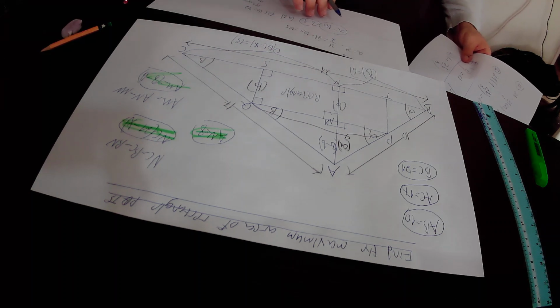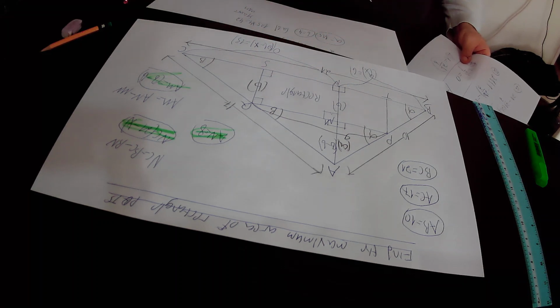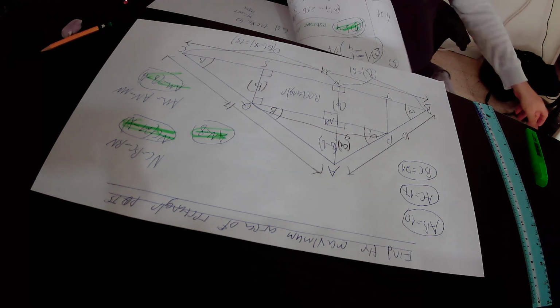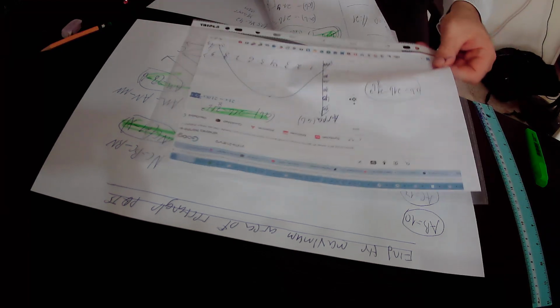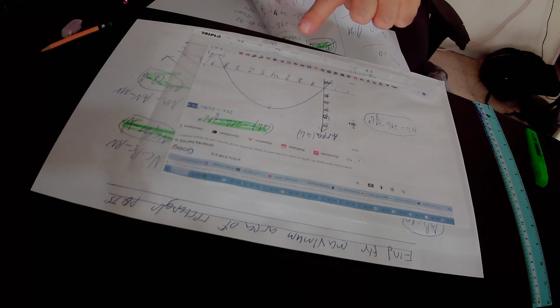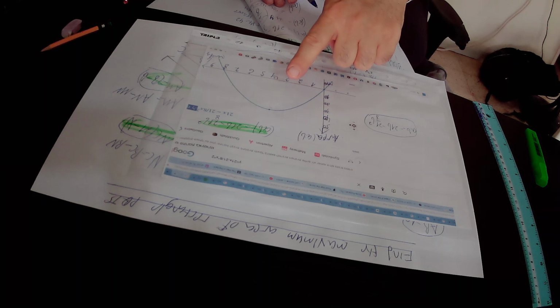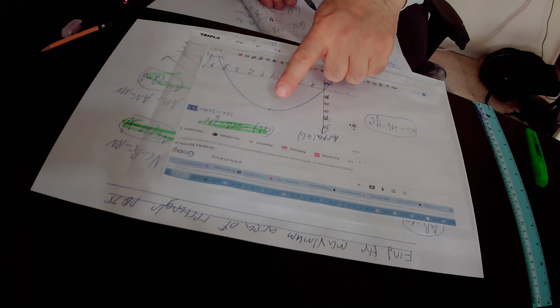Because when B equals 4, 4 is the extreme point of this rectangle PQST, and according to this graph, that is the graph of the function area of rectangle PQST, when B equals 4, the area is at its maximum value.